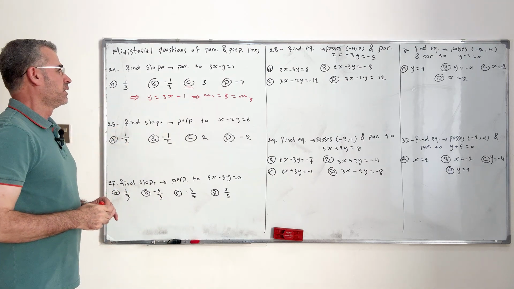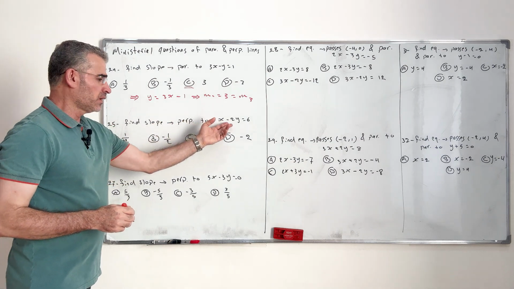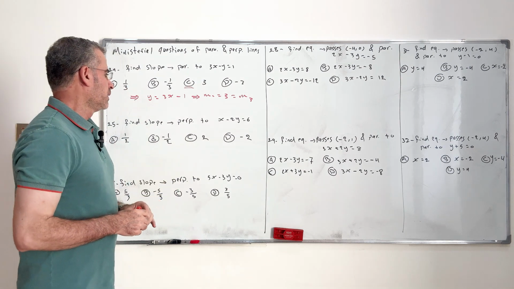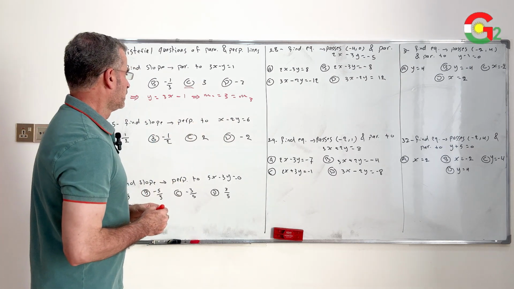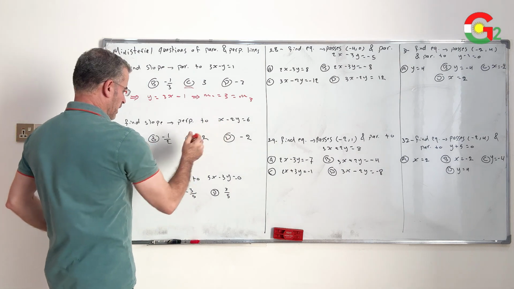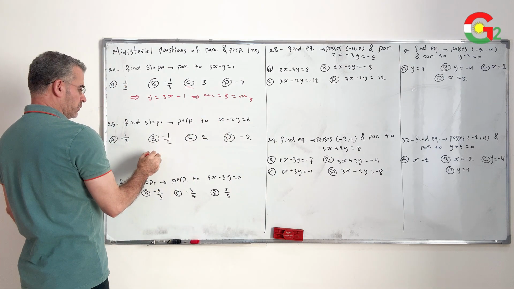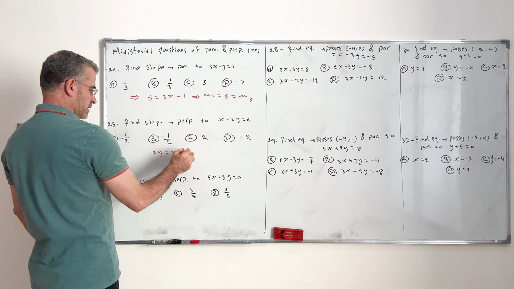Question number 25. Find the slope of the line perpendicular to the line. Perpendicular to the line, then it should have the negative reciprocal of this line's slope. I'll find the slope of this line first. 2y equal to x minus 6.